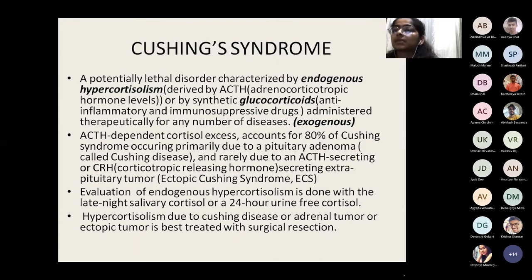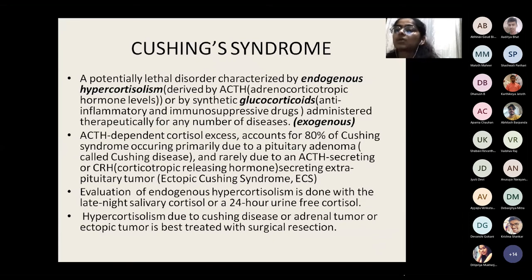The ACTH-dependent cortisol excess accounts for 80% of Cushing syndrome, occurring primarily due to a pituitary adenoma, which is also called Cushing disease, and rarely due to an ACTH-secreting or CRH-secreting extra-pituitary tumor, that is ectopic Cushing syndrome.